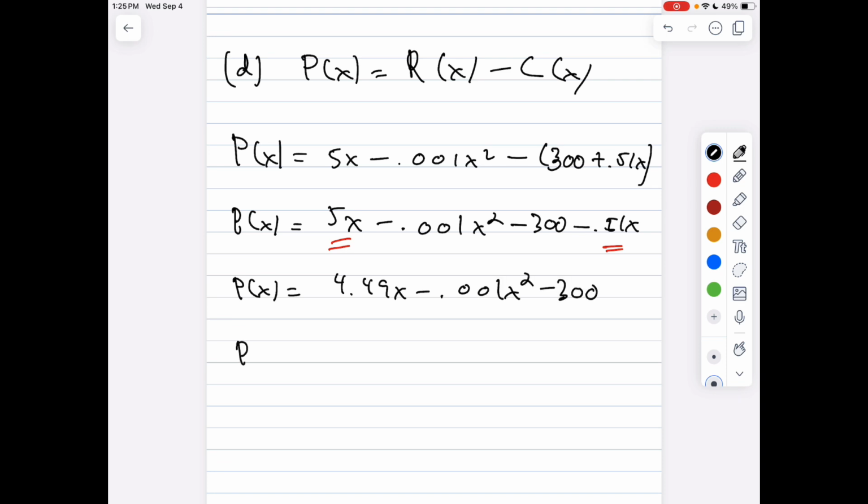Or if you prefer, with increasing terms, it'd be minus 300 plus 4.49x minus 0.001x squared. Okay, so that is what your profit would be.